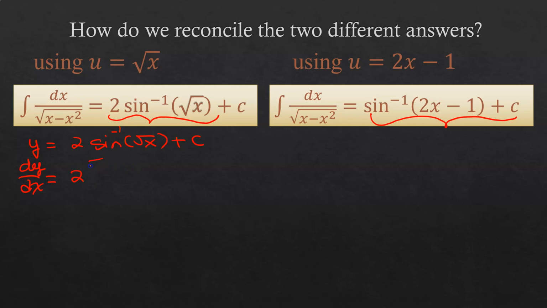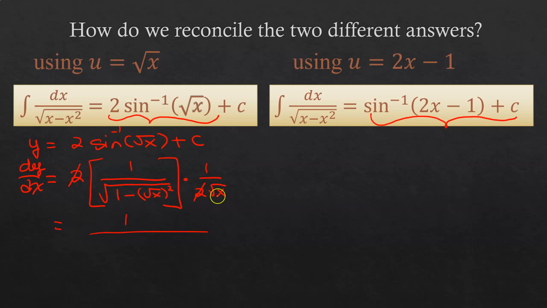Okay, and the derivative of inverse sine is 1 over square root of 1 minus square root of x squared, multiplied by the inside derivative, which is 1 over 2 square root of x, and then the derivative of c, the constant, is 0. Okay, now we can see that this divided by that, that's 1, right?